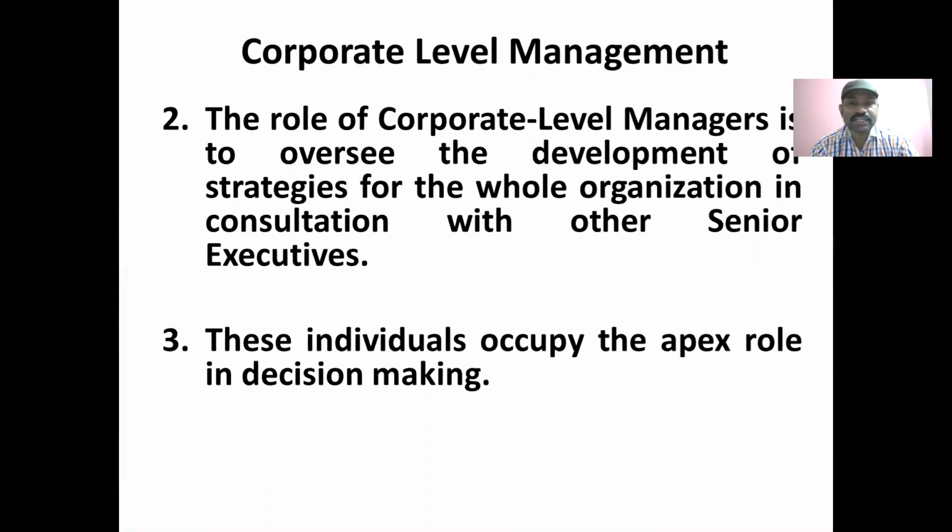Well, corporate level management is responsible for overseeing the formulation of strategies for the whole organization by discussing among themselves.